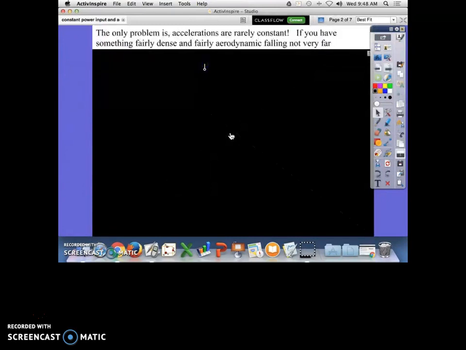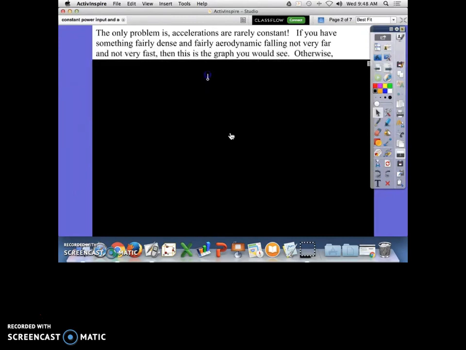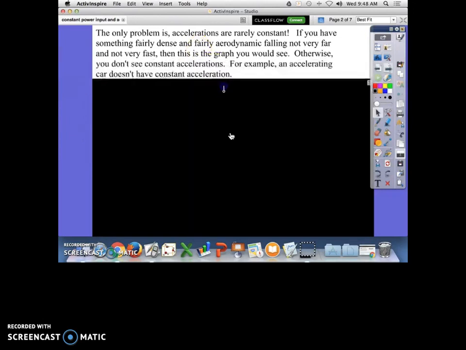If you have something that's fairly dense, let's say baseball density or greater, and fairly aerodynamic, let's say baseball aerodynamics or better, and it's not falling very far, maybe dozens of meters, and not very fast, certainly less than tens of meters per second, then you would see this graph. But that's a really narrow set of acceleration data. Otherwise, you don't see constant accelerations, and not just because of friction and air friction, for example.